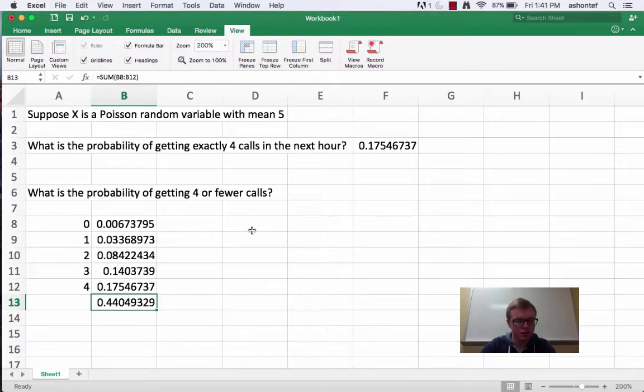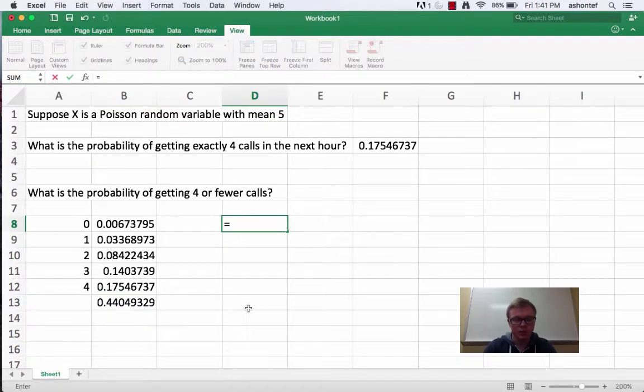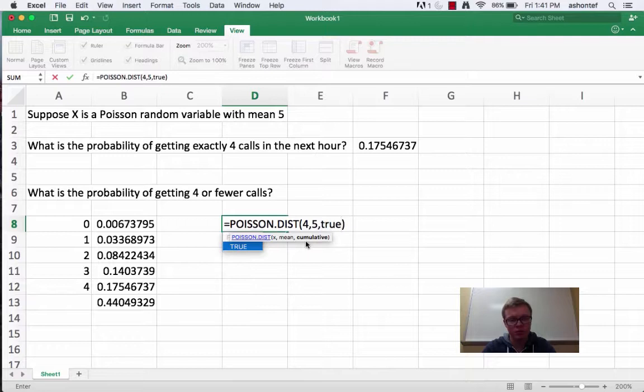Now again, that may not be the most efficient way, so the other way is to use the same formula. If we want 4 or fewer calls, we use 4 as our x value. Our mean is still 5. And now we want a cumulative probability, so instead of false, we put true.